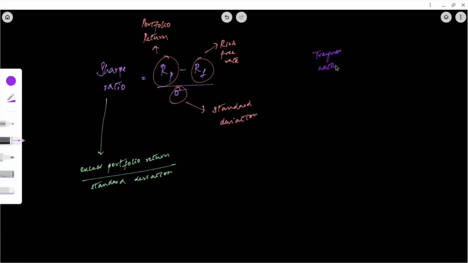Treynor ratio is equal to excess portfolio return, that is RP minus RF, divided by beta. Here this is portfolio return, RP, RF is risk free rate, and this is portfolio beta.